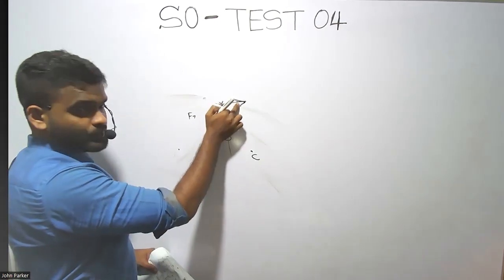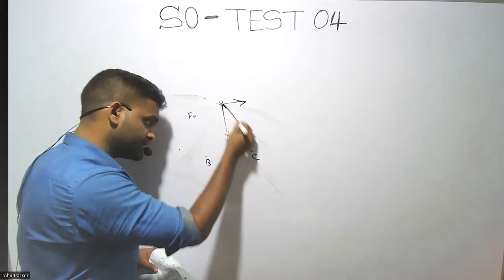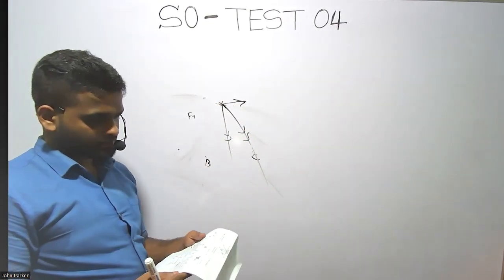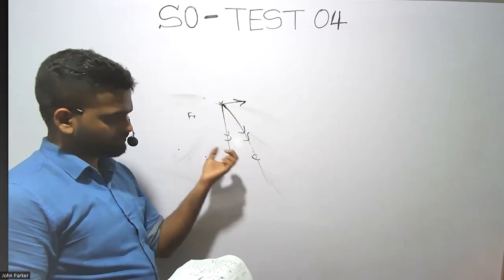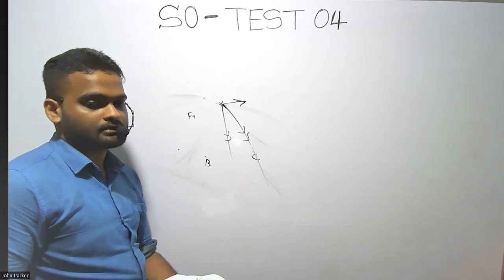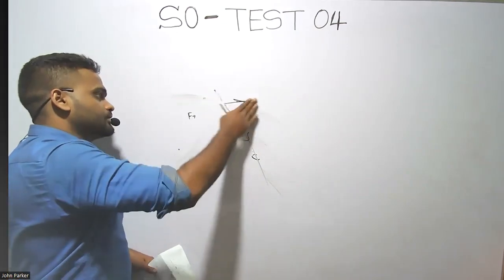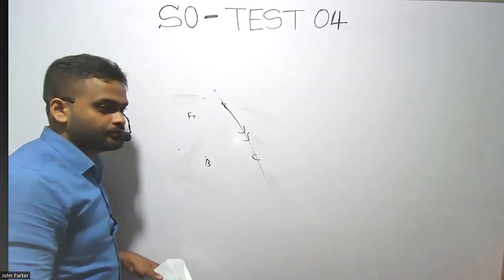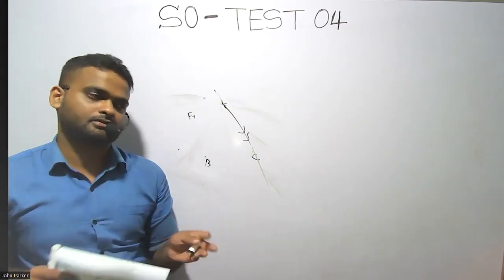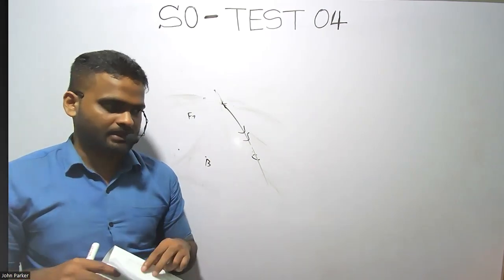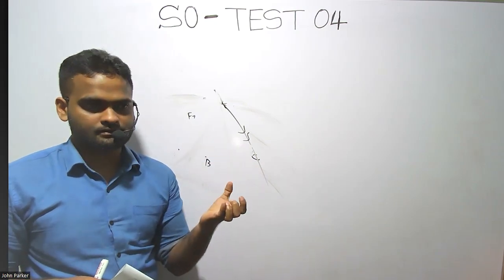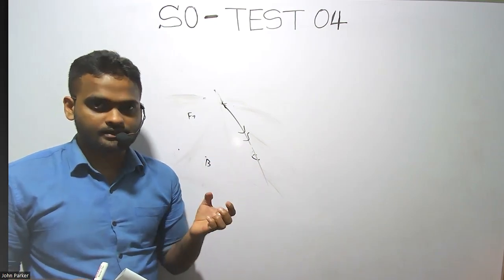This one and this vector need to have a resultant which goes through around C. They are asking approximately what is the most possible answer. So the system can reduce to one single force, which becomes the resultant of the whole system. So any vector system can be reduced to a single vector, which we call the resultant vector.